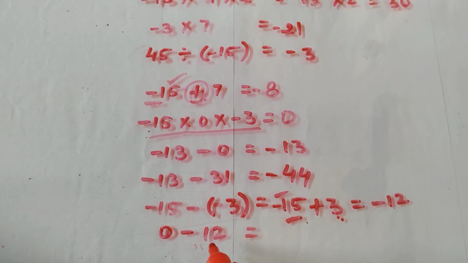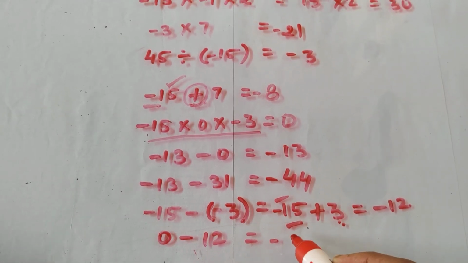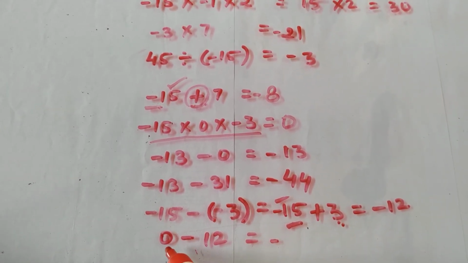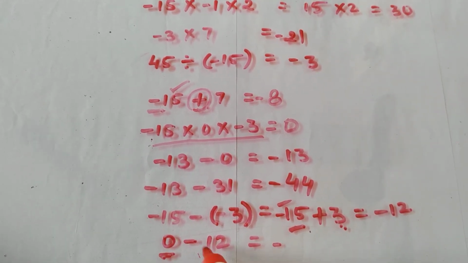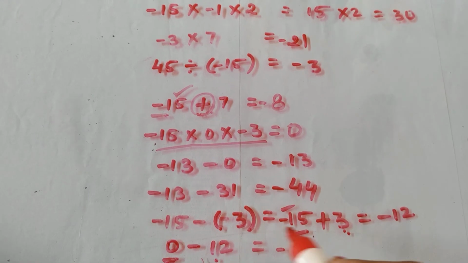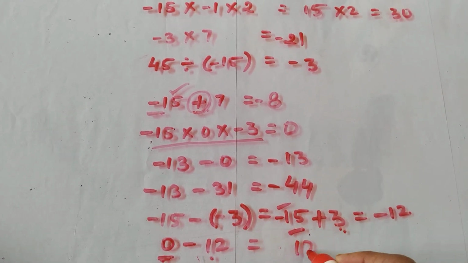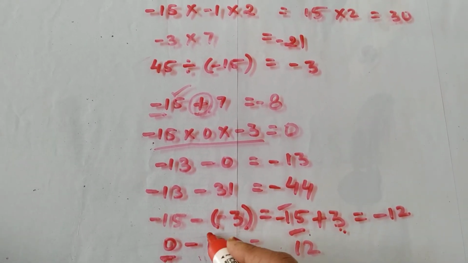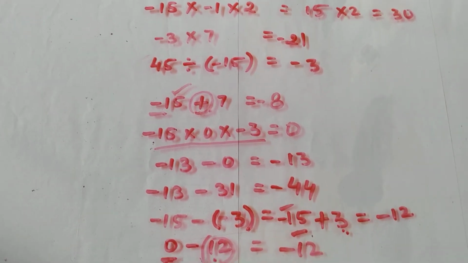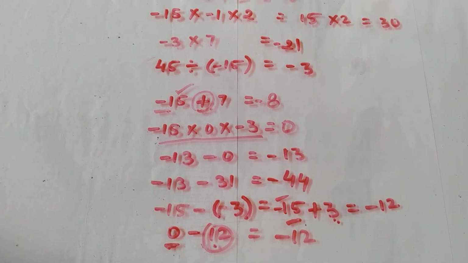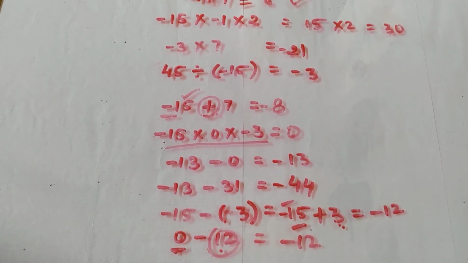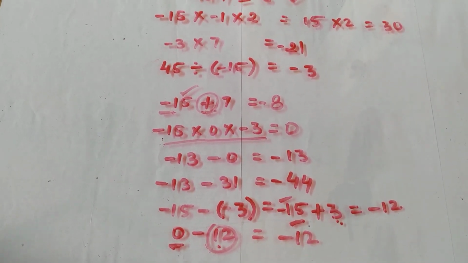Now 0 minus 12, 0 is always considered positive, plus minus is always minus. 12 minus 0, we get 12. Which is numerically greater? 12. What is the sign of the numerically greater number, not sign-wise greater? Sign-wise 0 is always greater than minus 12, so we see which is numerically greater.